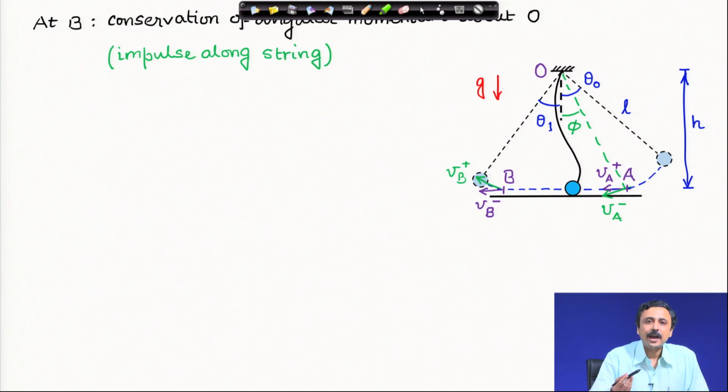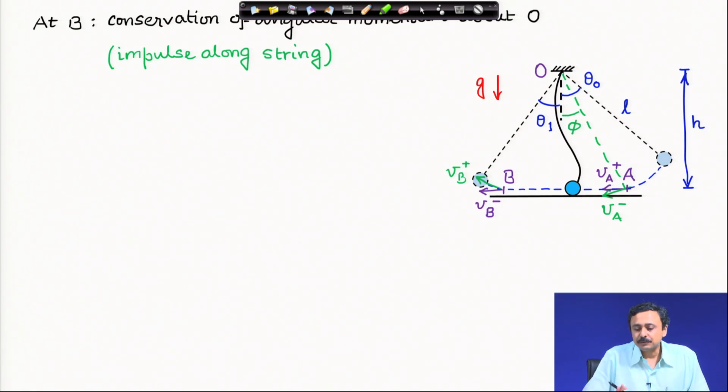Suddenly it has taken a velocity which is tangential to an arc of a circle. Therefore, there is a sudden change in the direction of the velocity vector. V B minus goes to V B plus almost instantaneously. Who is responsible for this change in direction? Some impulsive force, and what is the impulsive force that acts? The string tension. The string tension suddenly gives an impulsive force and changes the linear momentum direction or the velocity direction.